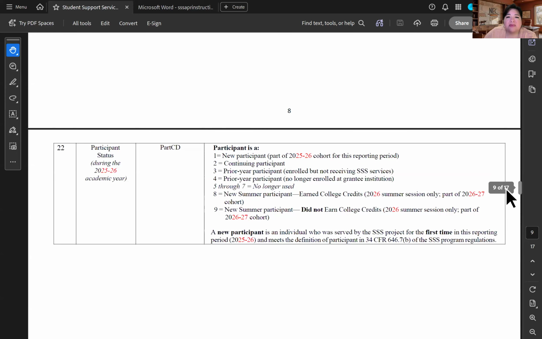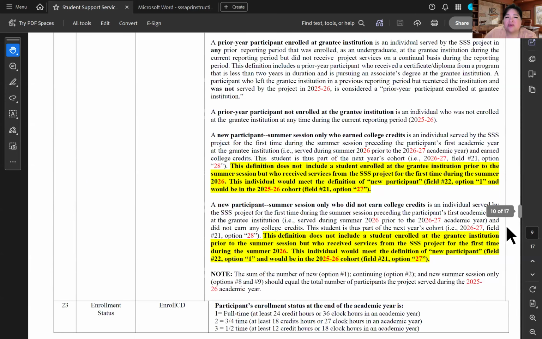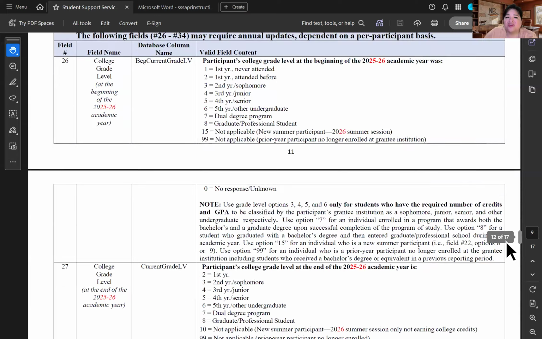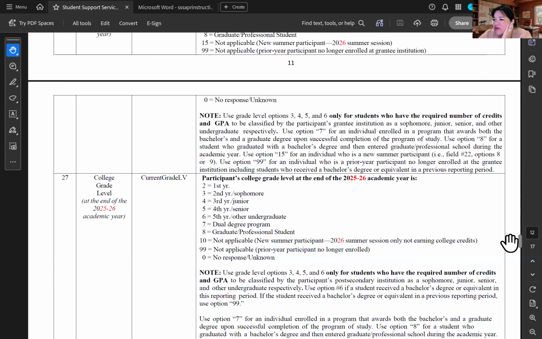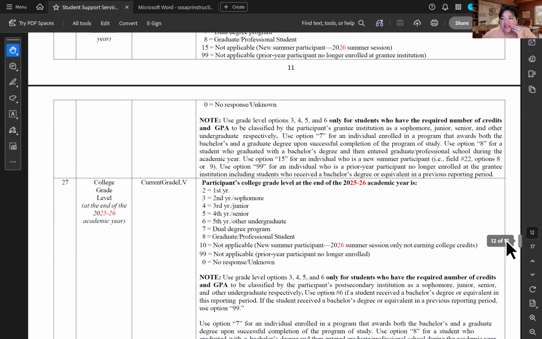Or are you talking about their educational attainment later on in some of the other fields here? I'm trying to figure out, when you say they are admitted into the program with only 1 or 2 courses remaining, how should I report these students at the beginning of the year or at the end of the year? I need a little bit more information about which field you specifically want to know how they should be reported on.